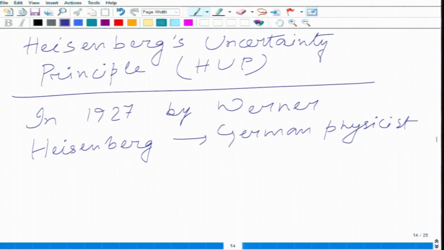Okay, so what was Heisenberg's uncertainty principle? Heisenberg's uncertainty principle stated that it is impossible to determine the position and momentum of a particle like electron simultaneously.